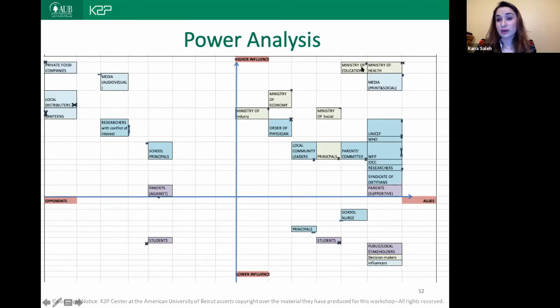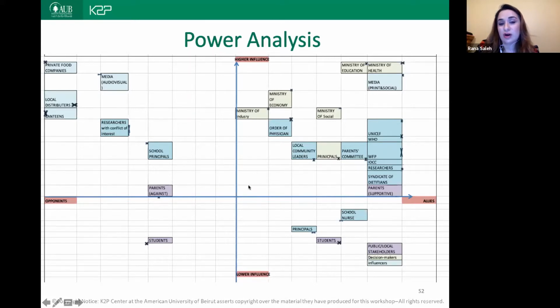There is also a strategic plan for both of them to tackle the school environment, to have a healthy school environment overall, and one of the issues within that strategy was to have a non-obesogenic environment. So we know that they are allies and of high influence. Why did we engage with the Ministry of Economy and the Ministry of Industry? Because one of the solutions was related to banning unhealthy products or product reformulation. So those were also important stakeholders.